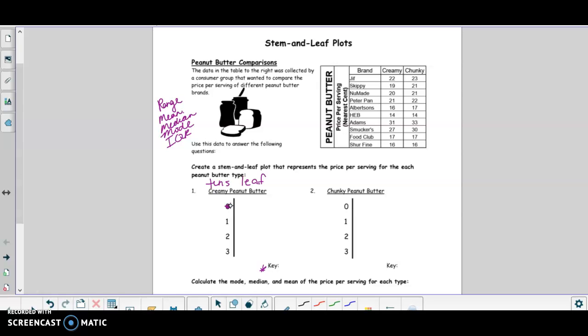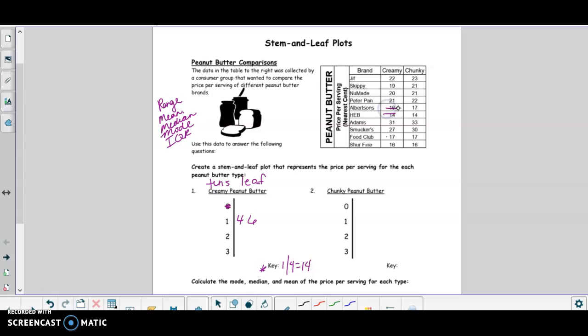So then we can look at our teens. I have 17, I have 14, 16, and 19. And you need to make sure you put them in order from lowest to highest. So I already have my 1, so I'm going to put my 4 because if my key looks like 1 line 4, that equals 14. I can see there's a 14 there. And then I have 6.